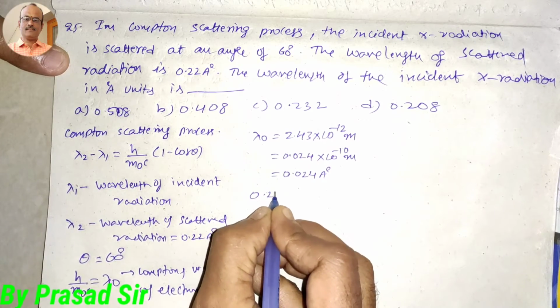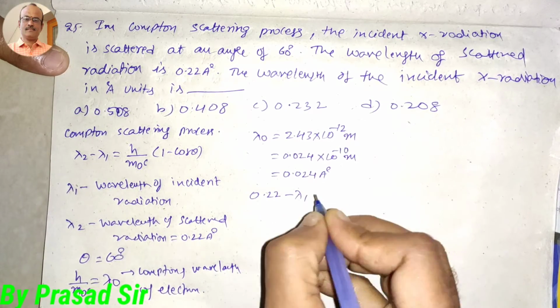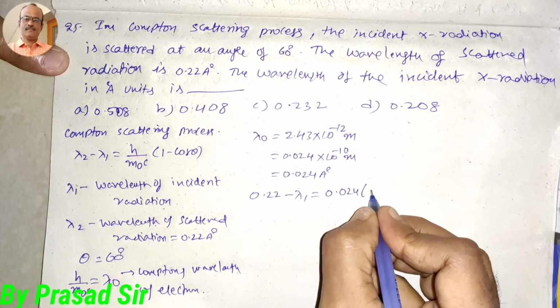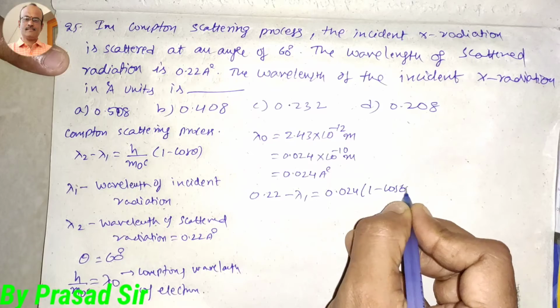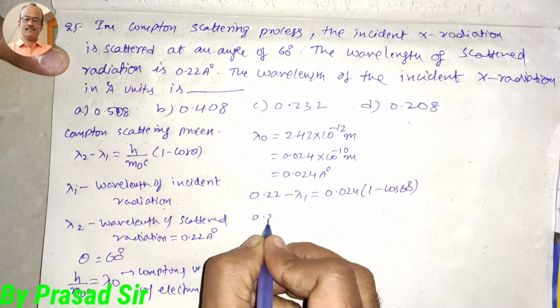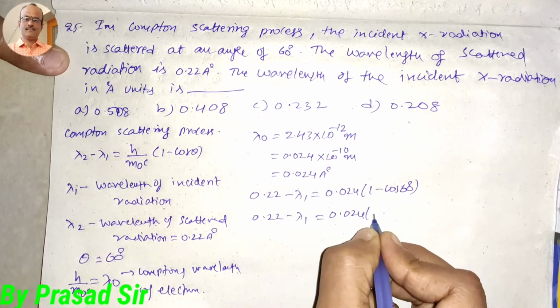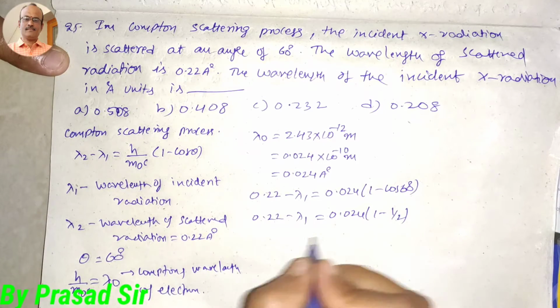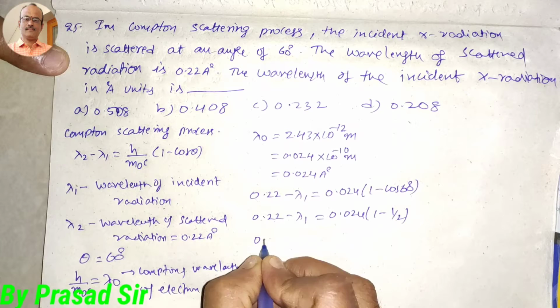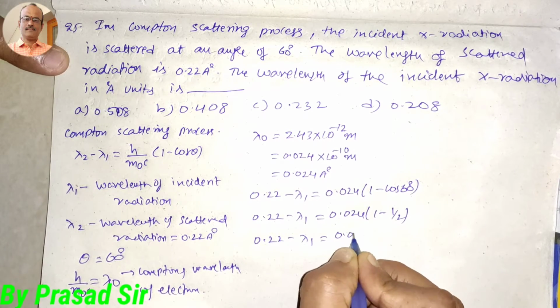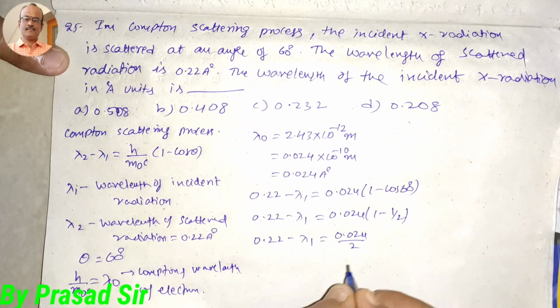Lambda 2, 0.22 minus lambda 1 is equal to 0.024 into 1 minus cos 60 degrees. 0.22 minus lambda 1 is equal to 0.024 into 1 minus 1 by 2. So here 0.22 minus lambda 1 is equal to 0.024 divided by 2.